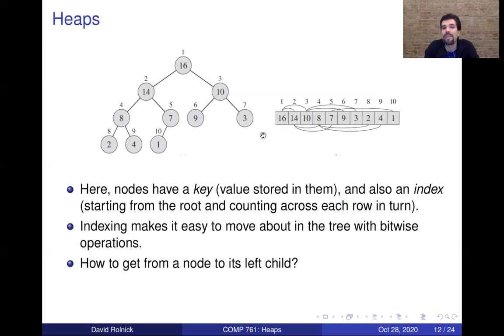So how do you get from a node to its left child? With the indices.